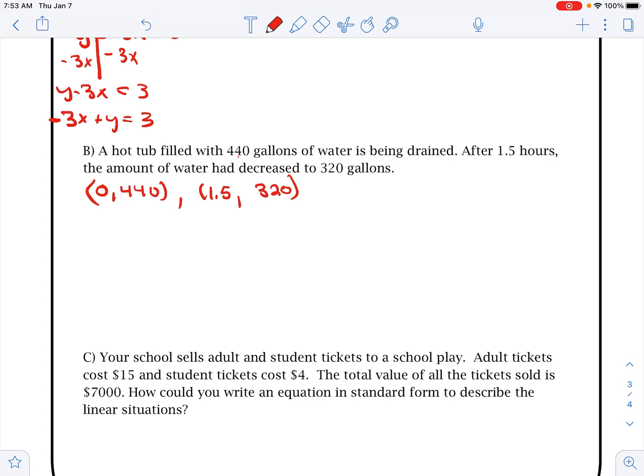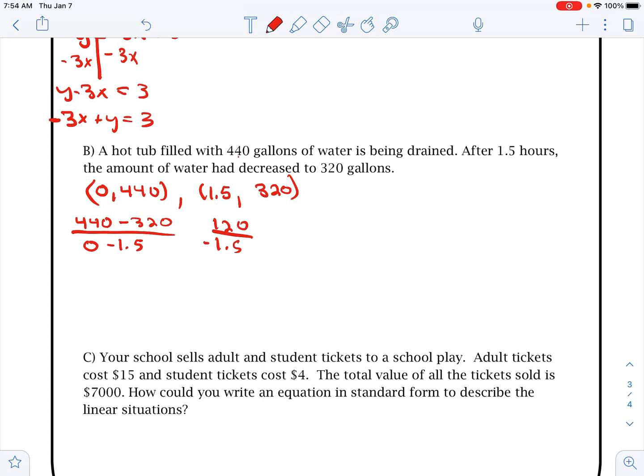So what I have is 2 ordered pairs. I'm going to subtract my y values, 440 minus 320, over 0 minus 1.5. So I subtract that and I get 120 over negative 1.5.